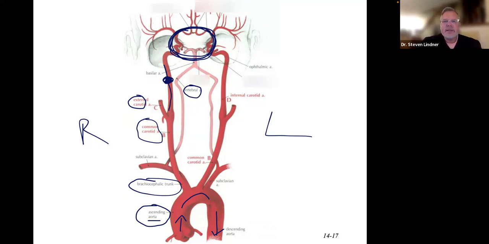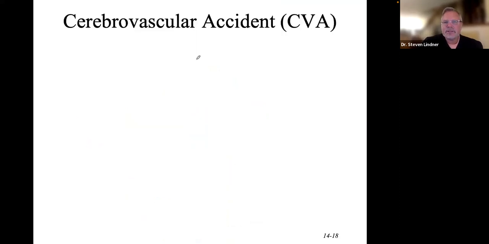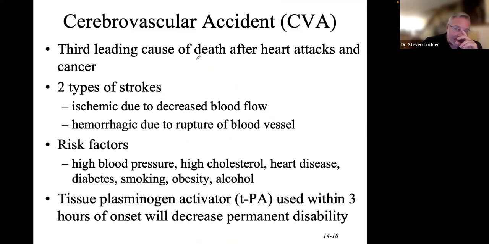This circle is what they call the circle of Willis. Now, if there's a blockage for a period of time, they call that a cerebrovascular accident, or a stroke.